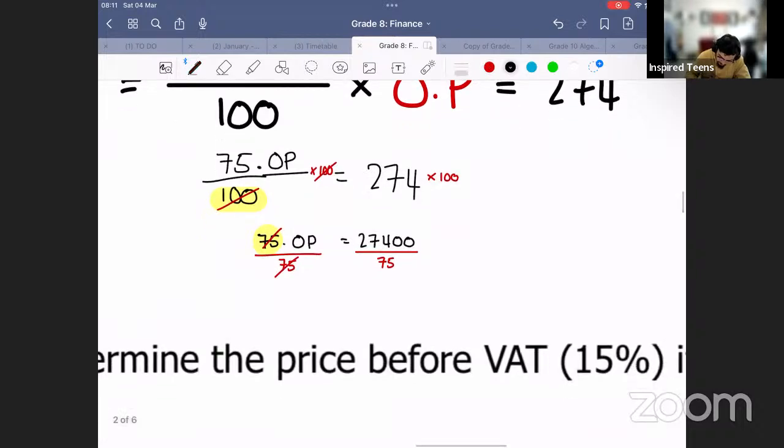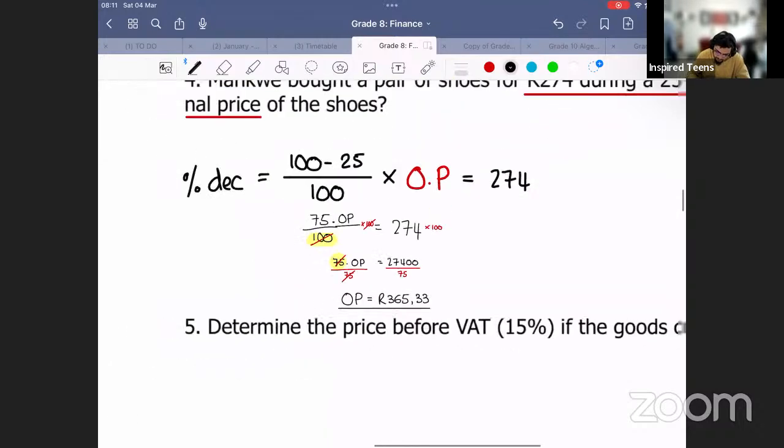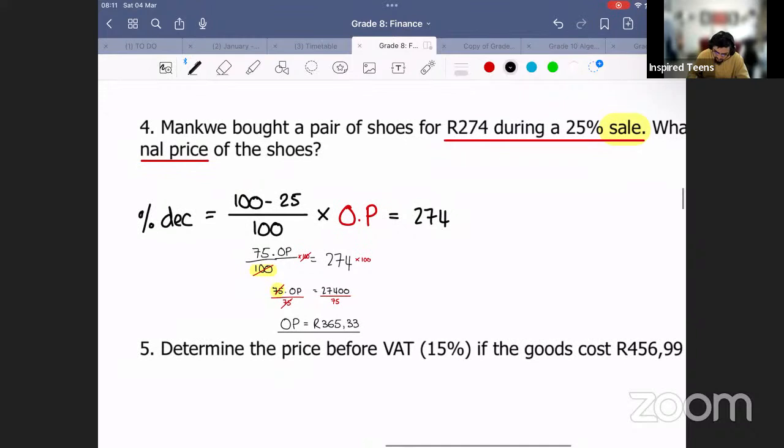So here I'm left only with OP. And in my calculator, I have to put the value 27,400 divided by 75. I get an answer of 365.33, and this is rand, so I'm going to put it in rand. 365 rand 33 cents when I round off to 2 decimal places. So the original price before the sale was 365 rand 33.